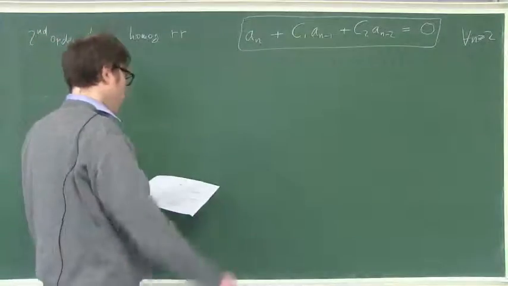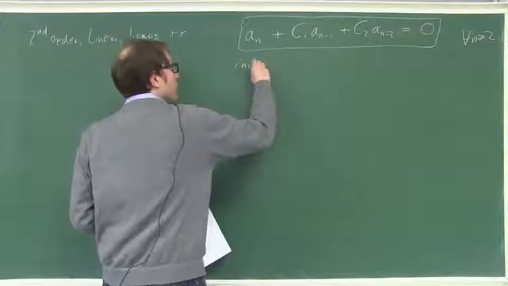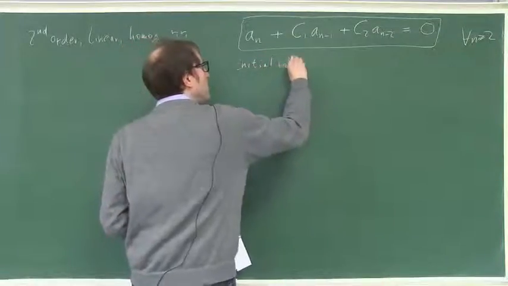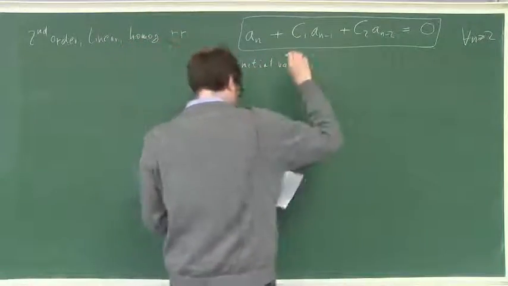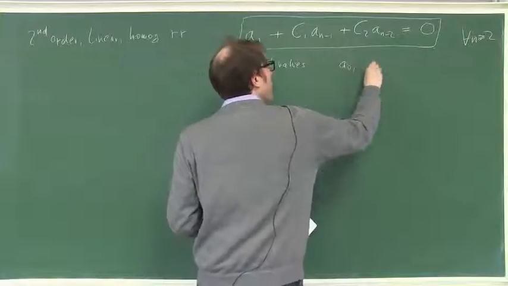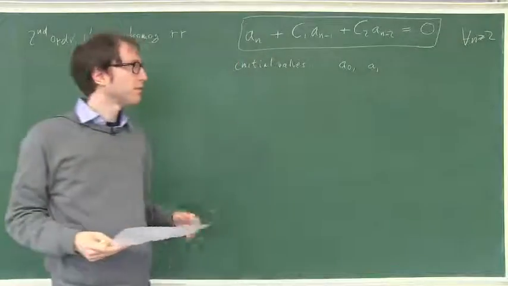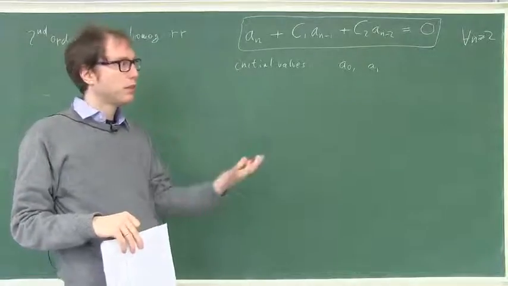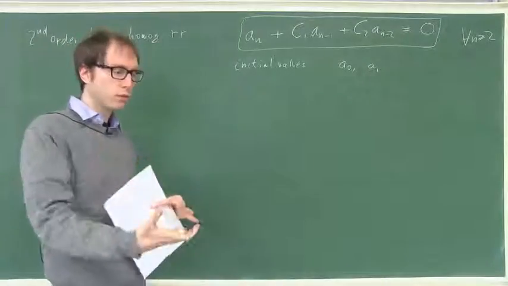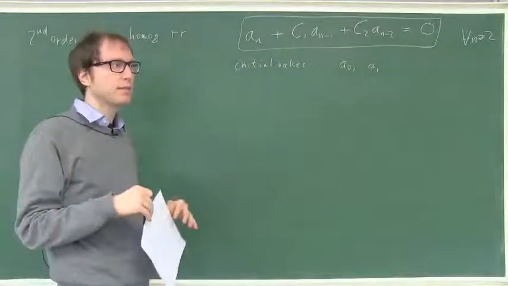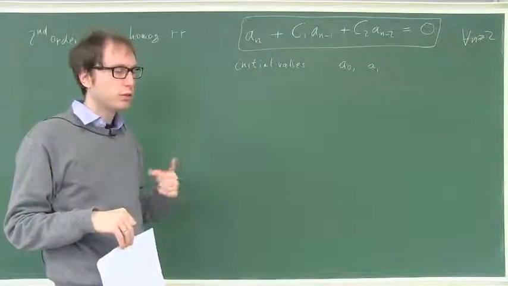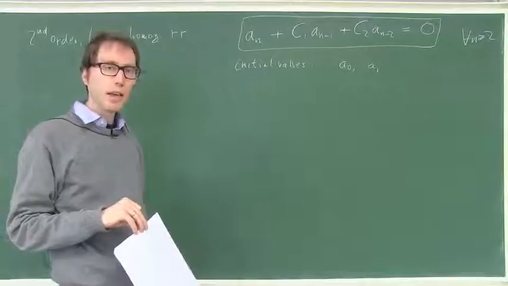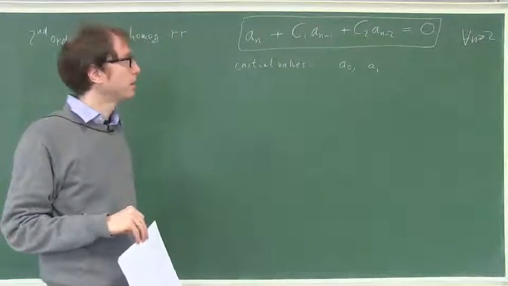And, well, we need the initial values, a_0 and a_1, because this really is important where you start. Because if you start with a different initial value, even if you have the same rule, of course, you will get something else. Maybe think about the 2^n times a_0 example we've seen before.